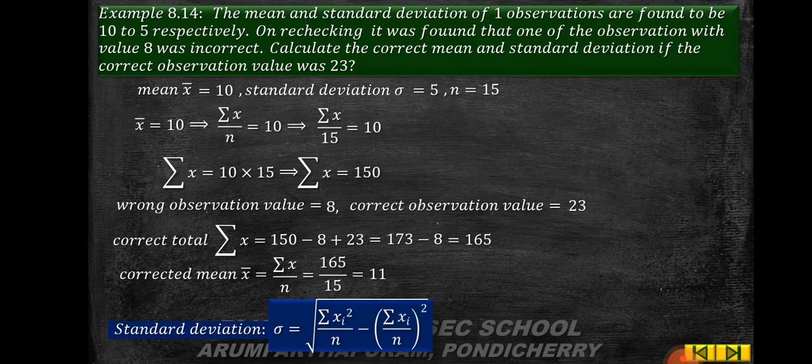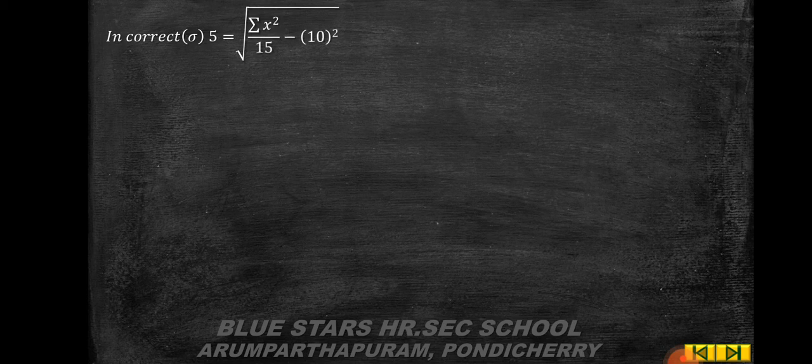Then standard deviation sigma is equal to root of summation xi square by n minus summation xi by n the whole square. The incorrect standard deviation is equal to root of summation x square by 15 minus 10 the whole square, which implies 5 square is equal to summation x square by 15 minus 100.